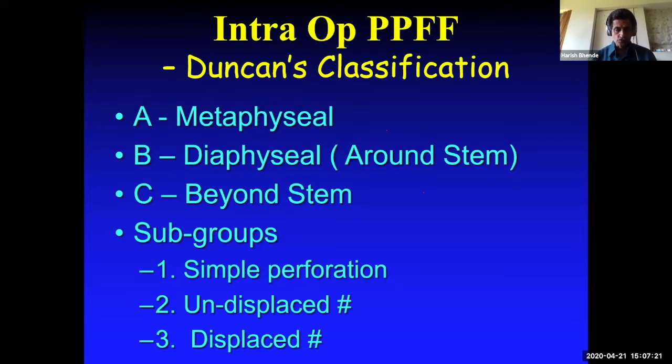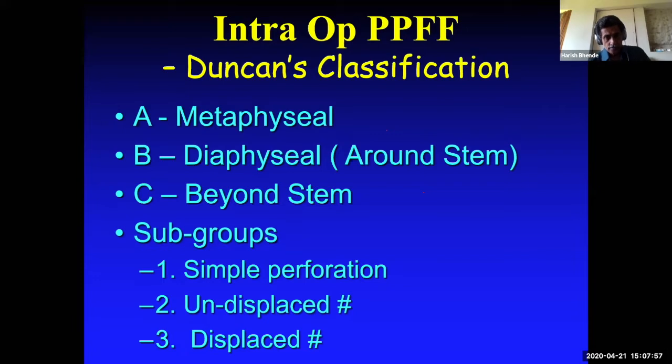So what happens is, if you are broaching and putting in an implant and you find that a size 9 or 10 broach is going with difficulty, and for some reason suddenly you are able to put in a couple of sizes higher, like from 10 you go to 11 and 12, and they are going very easily while you were finding difficulty at 9 or 10, then it has to ring a bell in your mind: what's the situation, why was I finding difficulty for 9 or 10 and now 11, 12 is going easily. So this is something you have to be careful about.